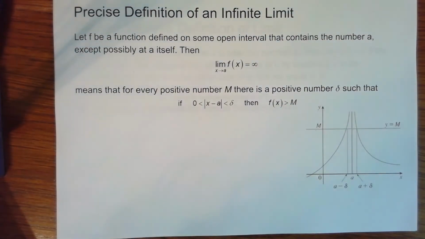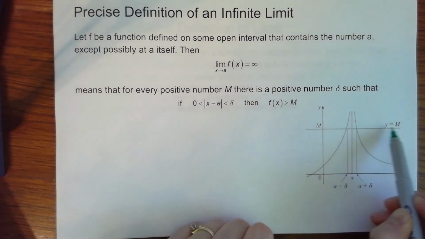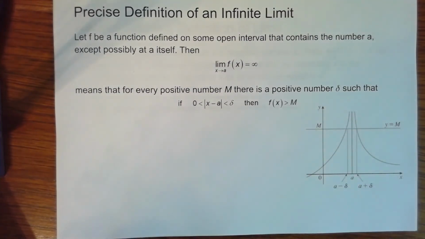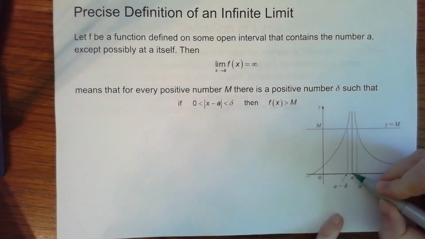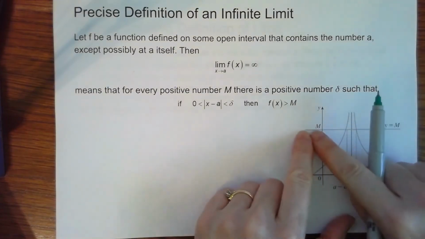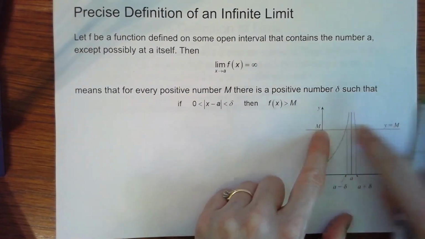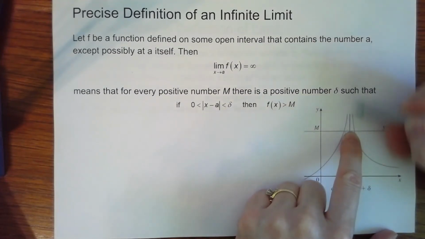So graphically, here's my m, it's some kind of maximum, or some large number. And as long as I'm within delta units of a, I know my value is going to be bigger than that. Or this is actually sort of a minimum, so this is a boundary here. I know that f of x has to be bigger than that.